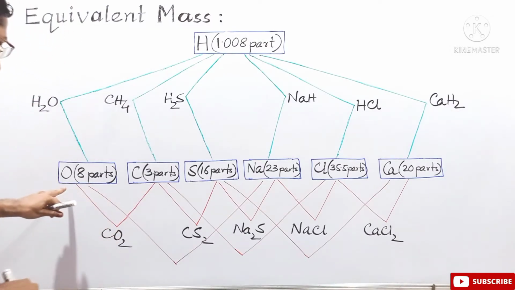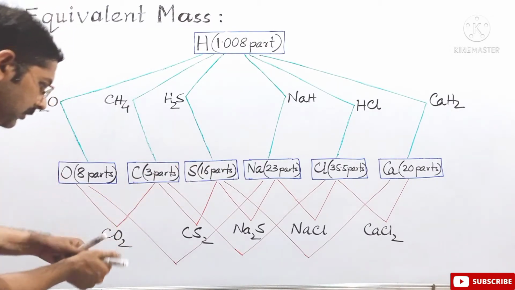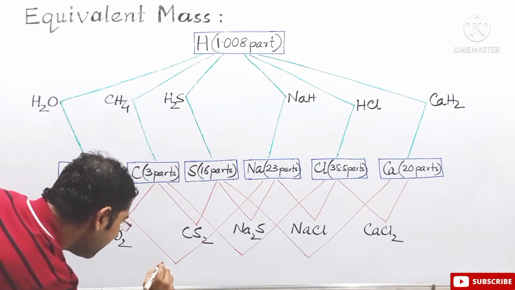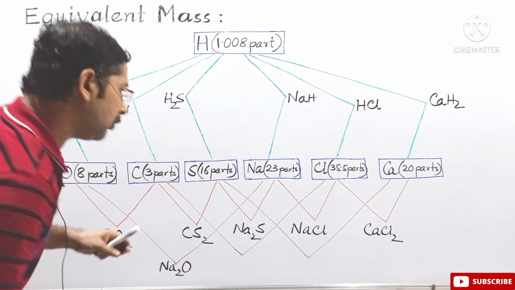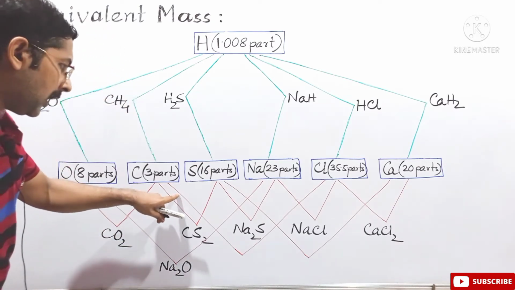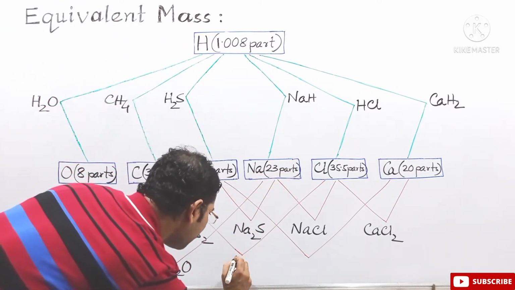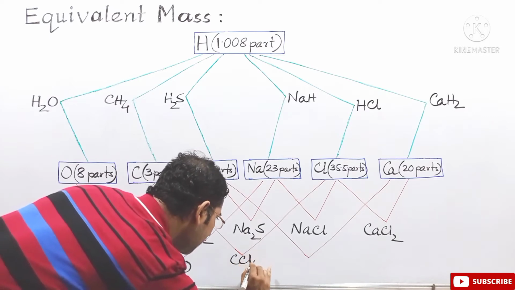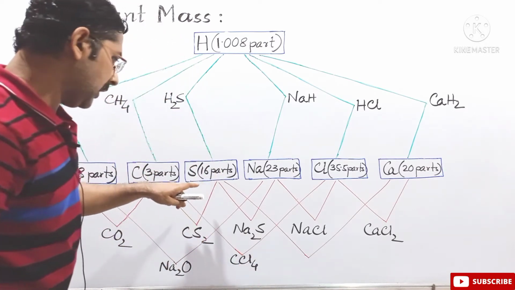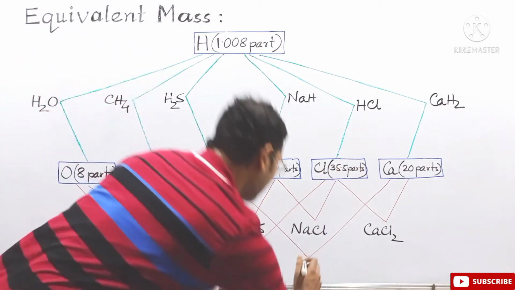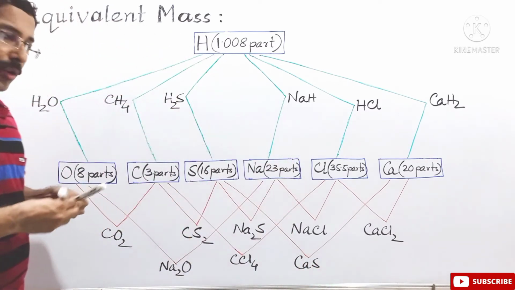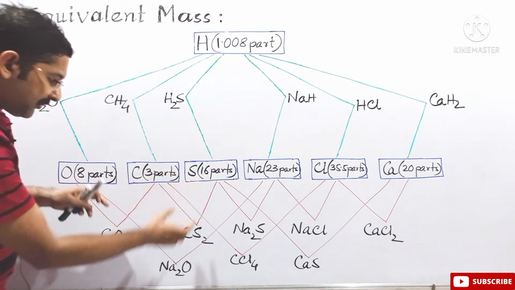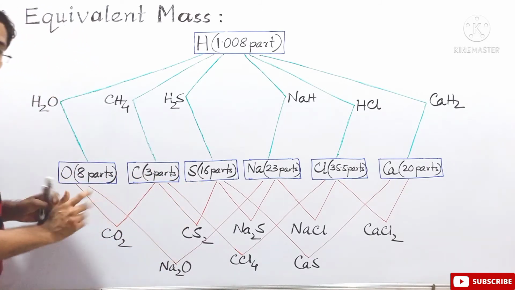Look, we can combine oxygen with sodium to form sodium oxide, right? Na2O. We can combine carbon with chlorine to form CCl4, carbon tetrachloride. We can combine sulfur with calcium to form calcium sulfide. But in all the cases, the mass ratio of the elements must be equal.